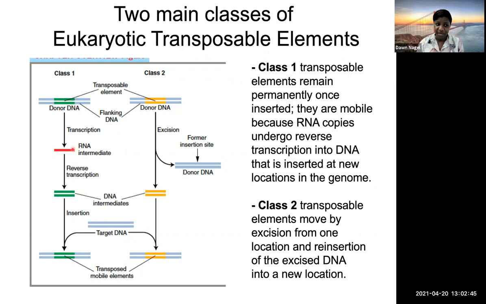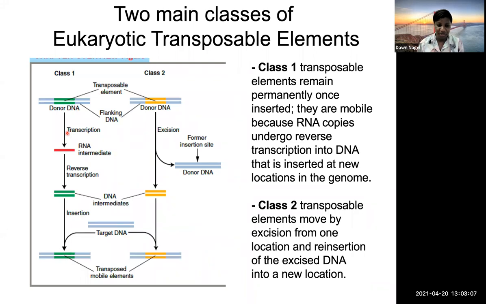They first make an RNA intermediate, and this RNA intermediate is what gets reverse transcribed by reverse transcriptase, which is encoded in the transposable element, right? So it's one of the enzymes contained in the transposable element. And it makes a DNA, and that DNA copy is what gets inserted into the new location.